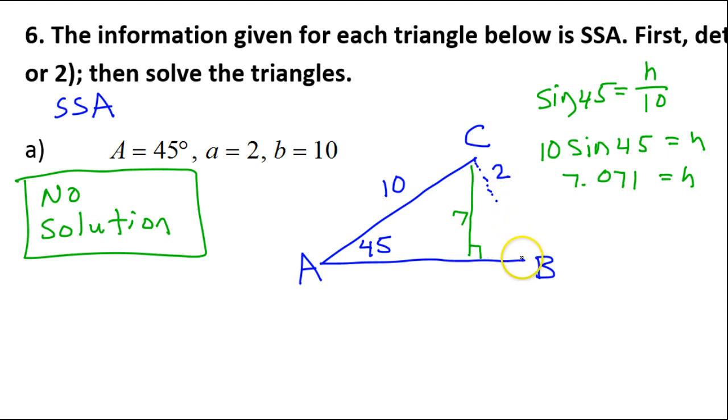Originally I had it stretched all the way across here, but now that I see that the height of the triangle is 7, it makes me want to erase part of this because there's no way that a rope of length 2 is going to reach the other side. Even if I stretched it straight down, again the height is 7, a rope of length 2 will not reach the ground. So that's why I get no triangles, no solution.